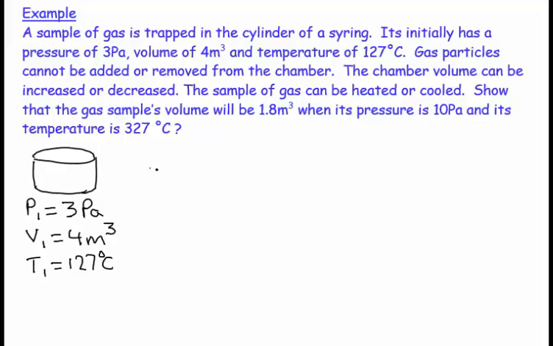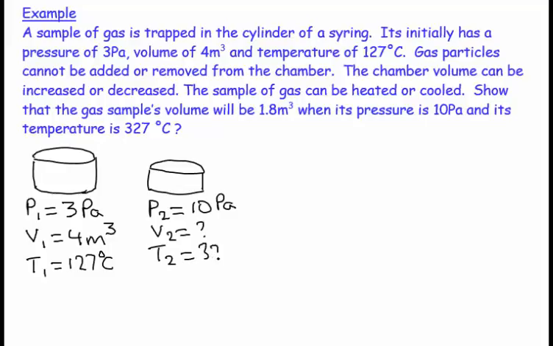And then we squish it and we play with it, and we end up with a second situation, and our new pressure is going to be equal 10 Pascal, and our new volume is what I want to find out, and our new temperature is equal to 327 degrees C. And what links ideal gases when we can change these temperature, pressure and volume is the gas law.